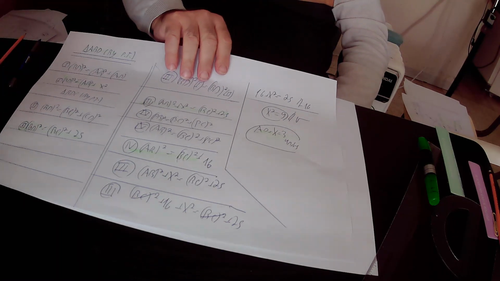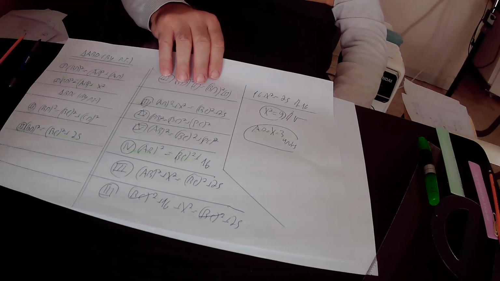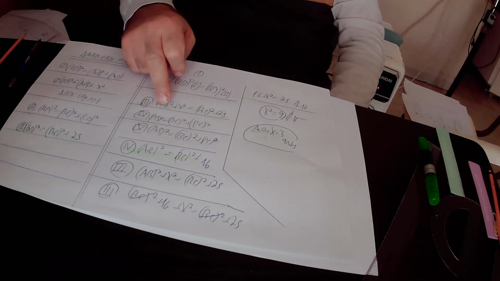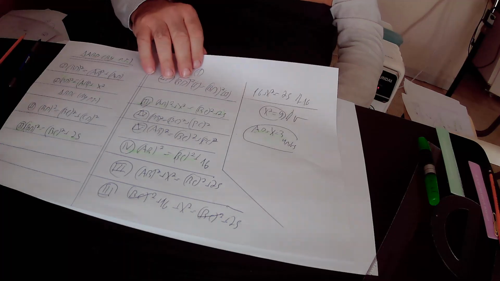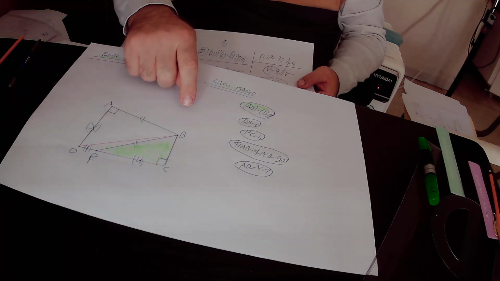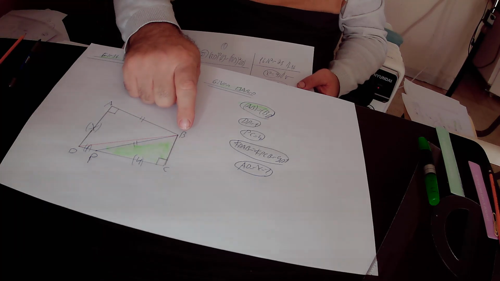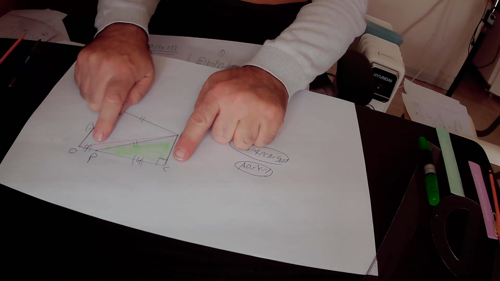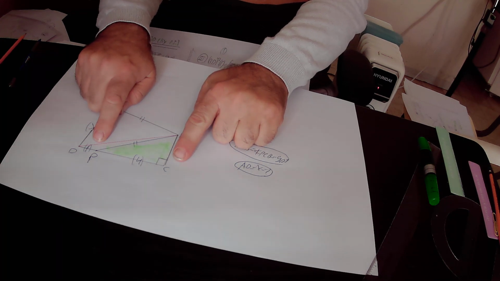Again, in the right triangle PBC, PB squared, that is the square of the hypotenuse, equals BC squared plus PC squared. PB is the missing hypotenuse, so leave it as it is, and it equals BC squared. BC is also a missing side, so leave it as it is, plus PC squared. PC is 4, therefore PC squared is 4 squared, that is 16.